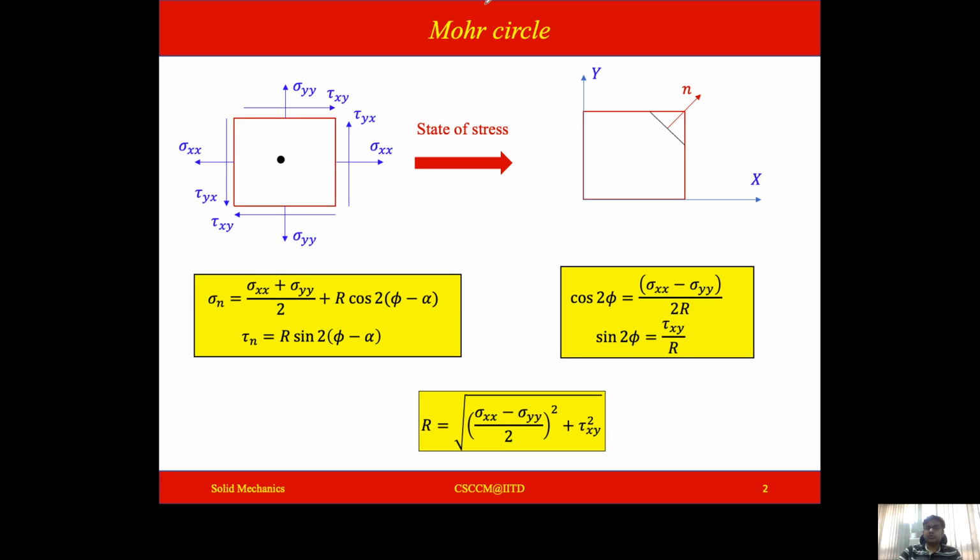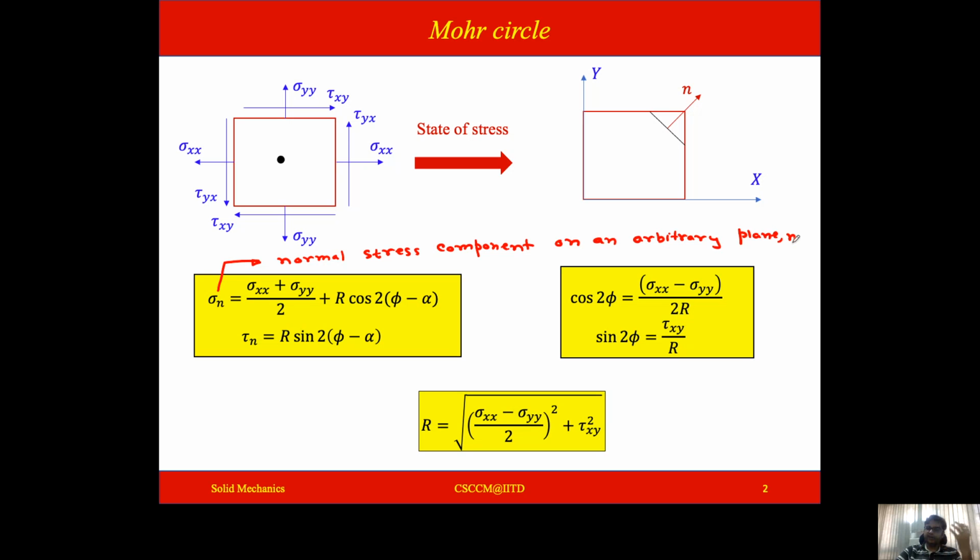Now we also arrived at the relation for sigma n. And what is sigma n? Sigma n is the normal stress component on an arbitrary plane n.